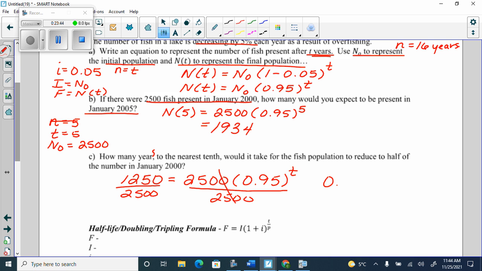And you get 0.5 equals 0.95 to the T. Graph 0.5 and 0.95 to the X. T equals 13.5 years, to the nearest tenth.